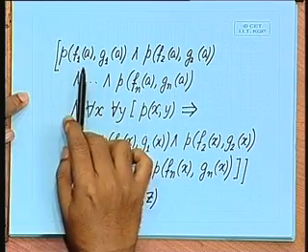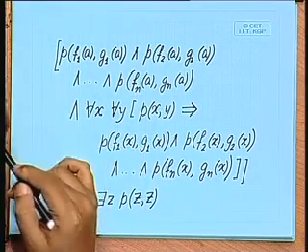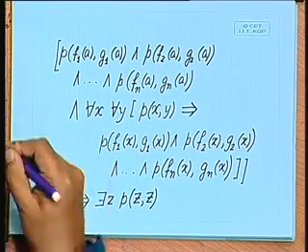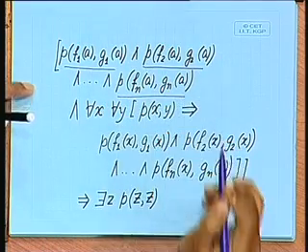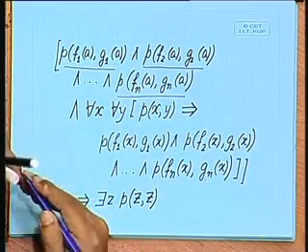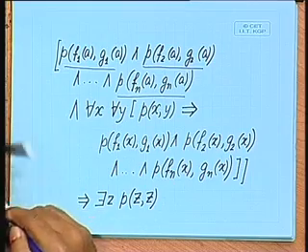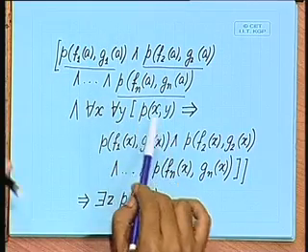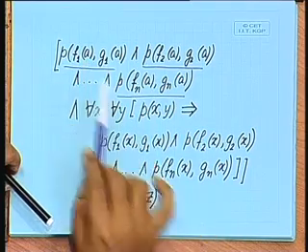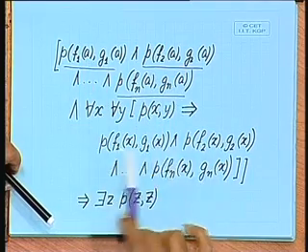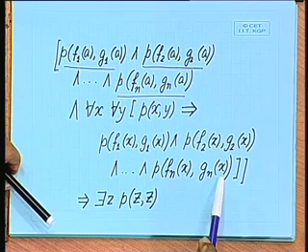Now, let us see how forward chaining would work. It will start with the knowledge base having this part. It will have P of f1a g1a, P f2a g2a, and P fna gna. And then you will repeatedly use this rule, because you will take each of these P x y and deduce this whole set of statements from that.